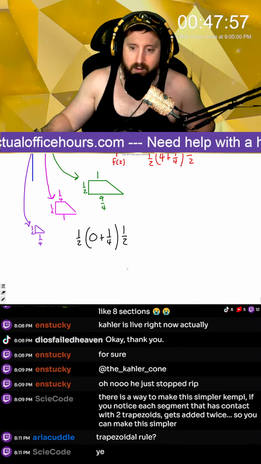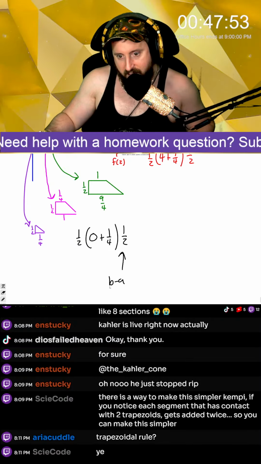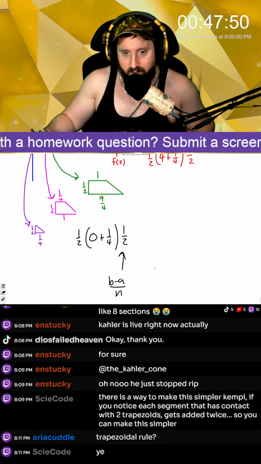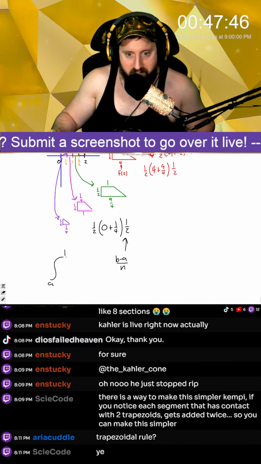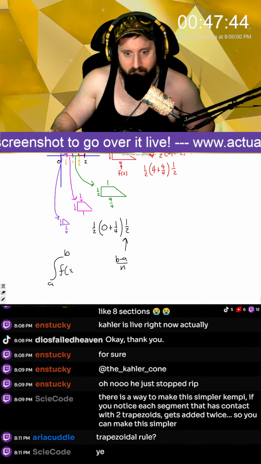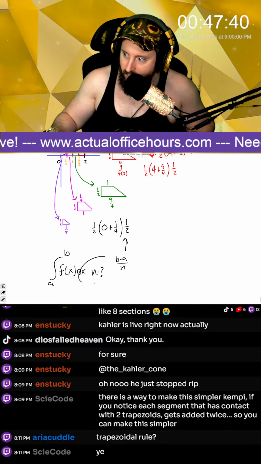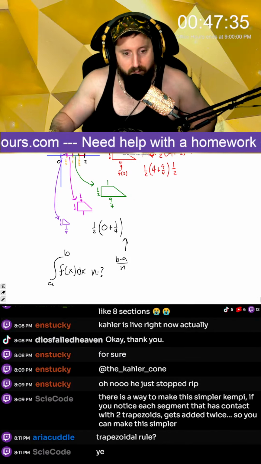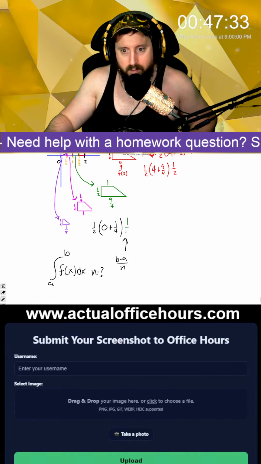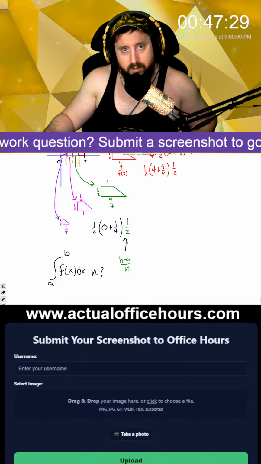This height here is always b minus a over n, where your integral will be of some form a to b of f of x dx, and then they'll say n equals something. That's the number of subdivisions. So this part right here is always b minus a over n.